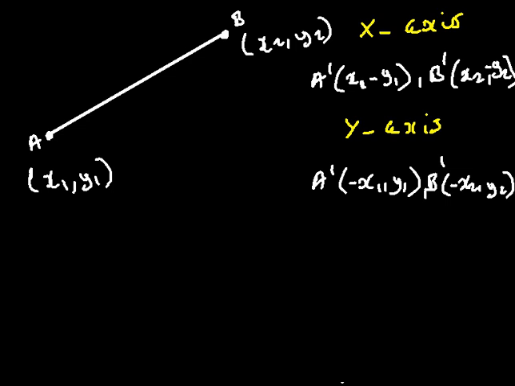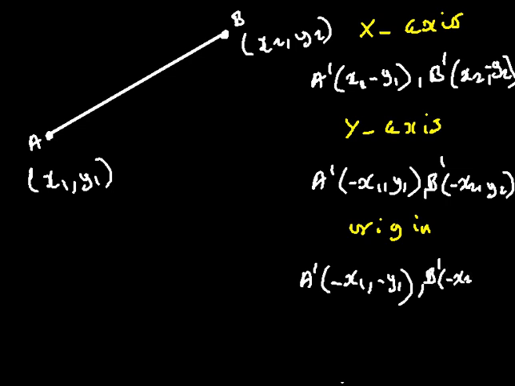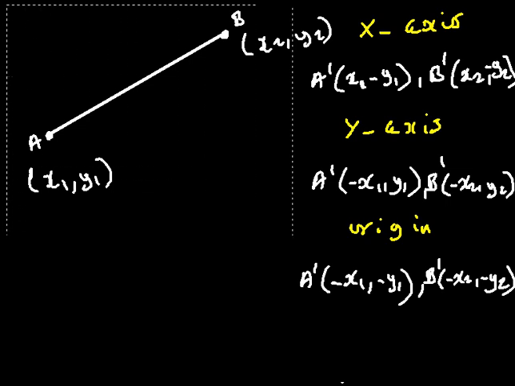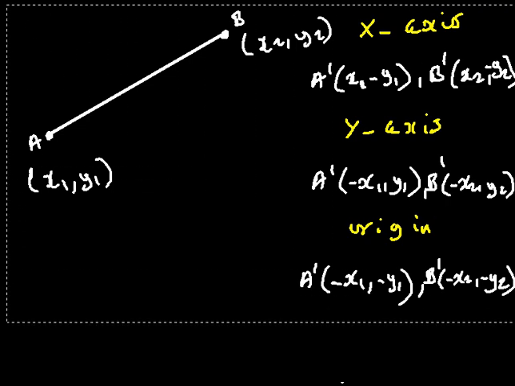And with respect to the origin, the line AB will correspond to having the image of point A as negative x1 negative y1, and the image of B as negative x2 negative y2. Understand that. And for instance, let's say we have a Cartesian plane.